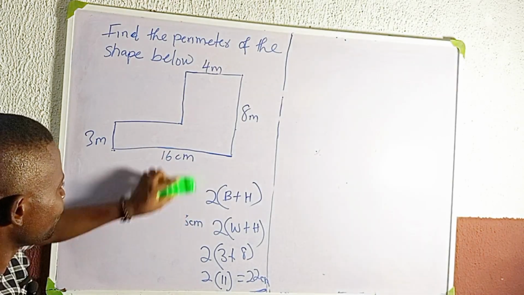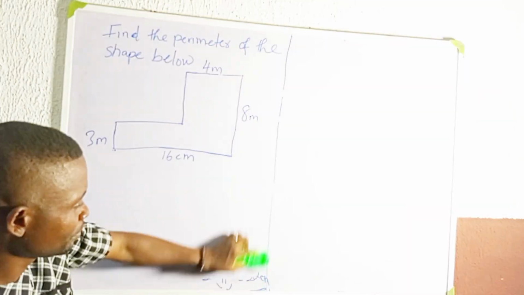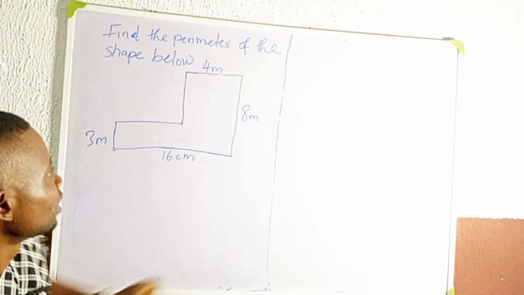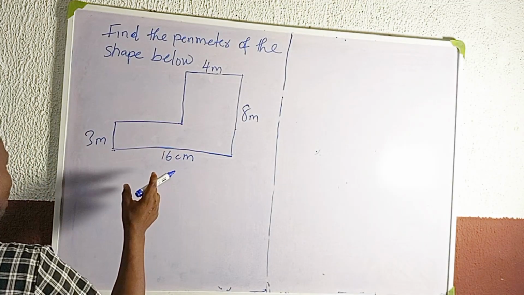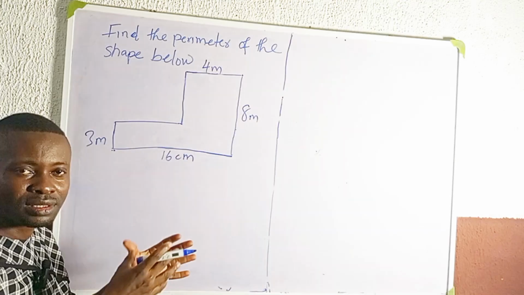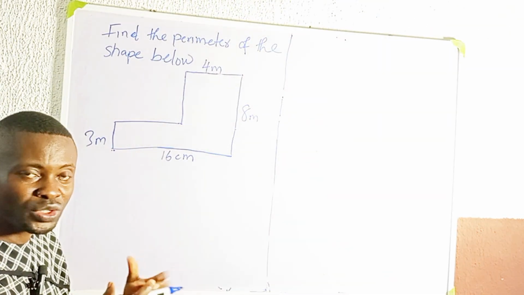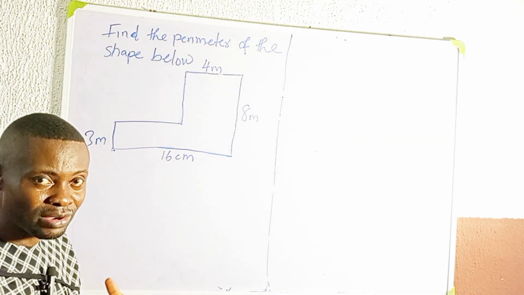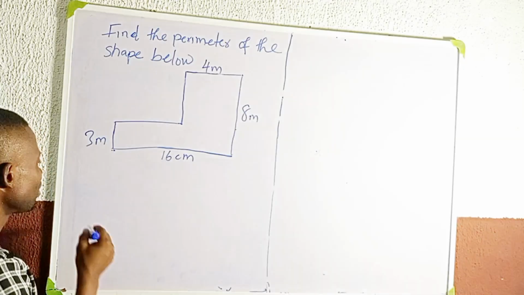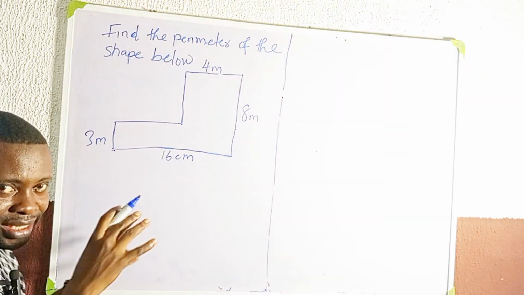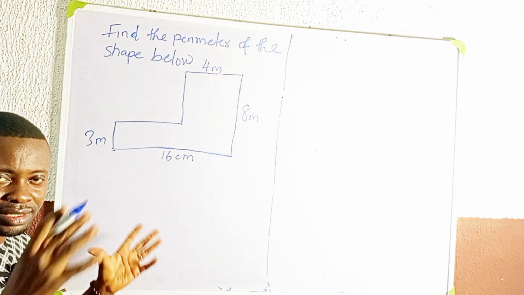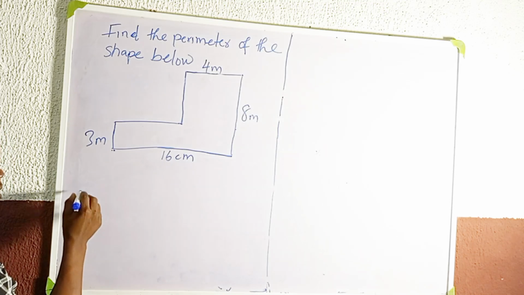But for an irregular shape, a shape where the opposite sides are not equal, they look like 2 or more objects that are joined together, the sides are irregular. What you do is simply to add the lengths of all the sides.